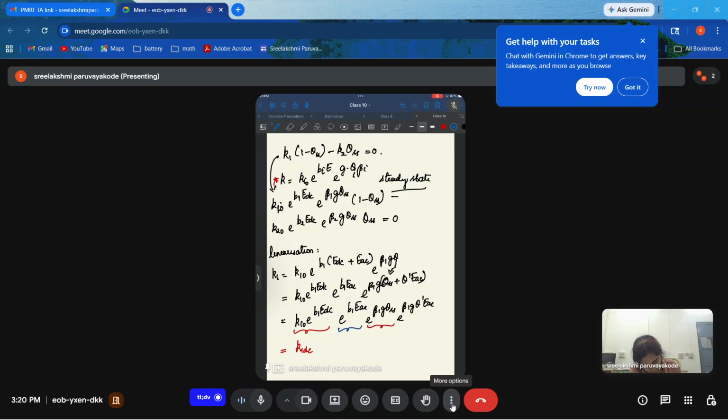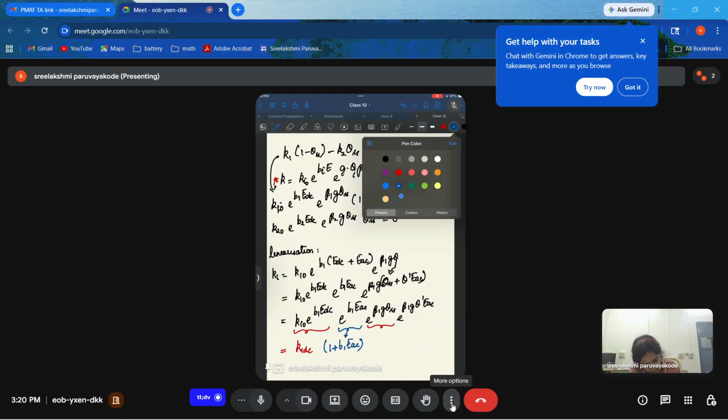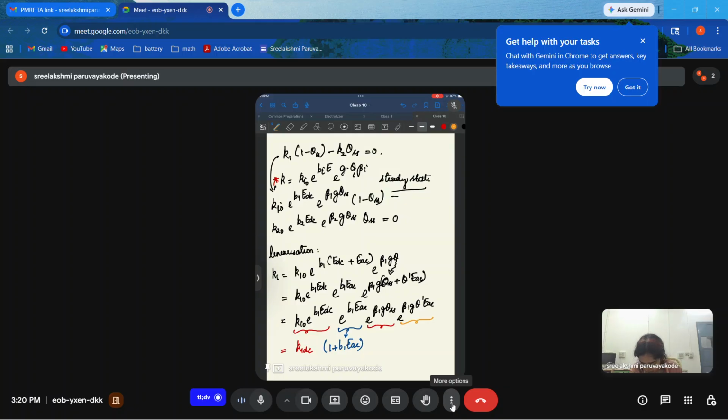Now exponential b1 EAC can be written as 1 plus b1 EAC. Now same way, exponential beta 1 g theta dash EAC can be written as 1 plus beta 1 g theta dash EAC.